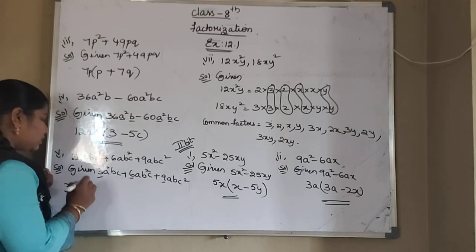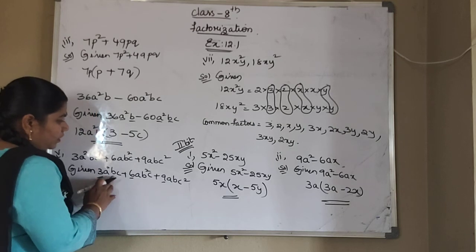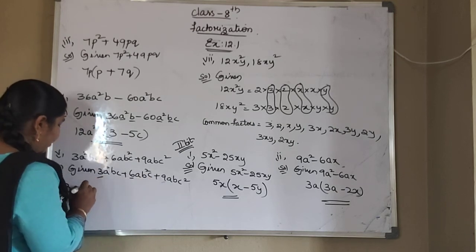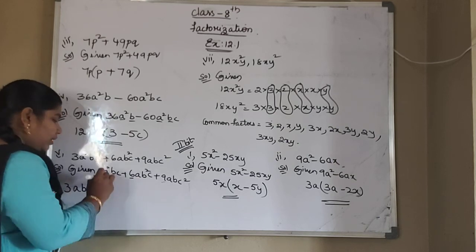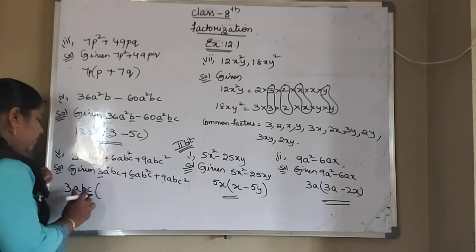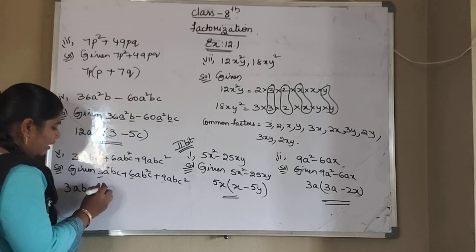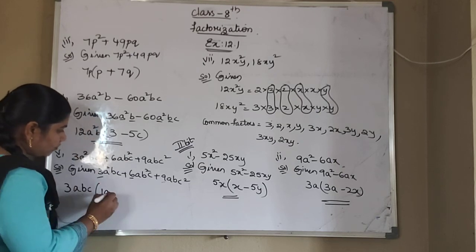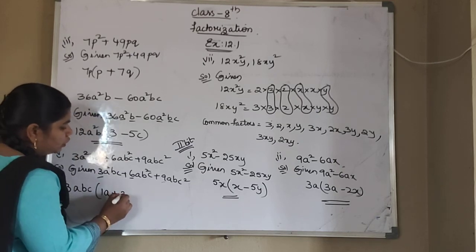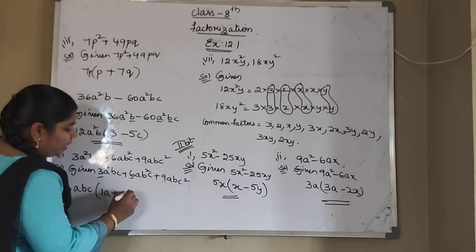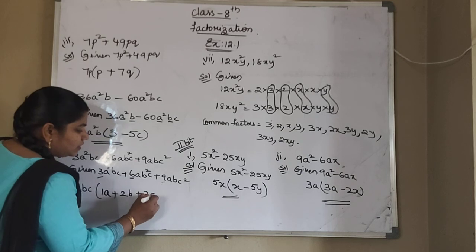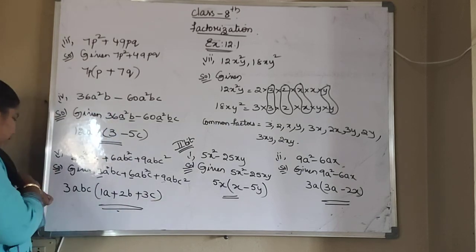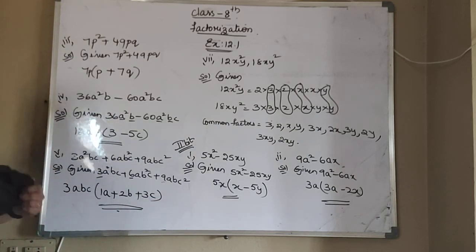So I am taking 3 as common. Here 1a I am taking as common, 1b I am taking as common, 1c I am taking as common. So 3 1s are 3, 1a is remaining. Plus 3 2s are 6, 1b is remaining. 3 3s are 9, 1c is remaining. So this is our factorization for the fifth one.